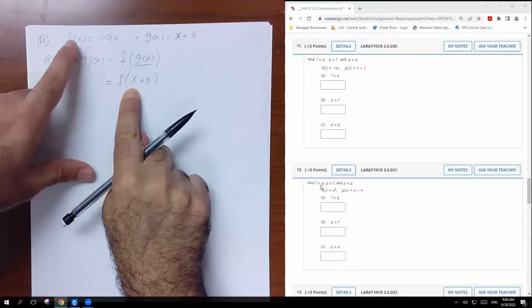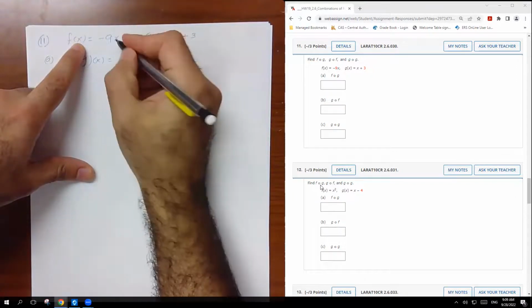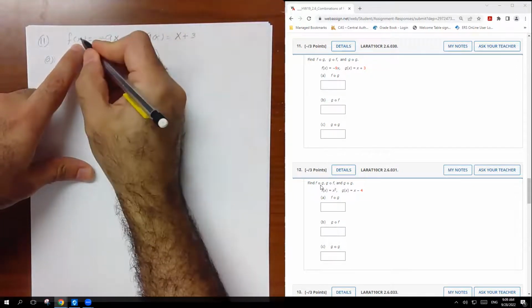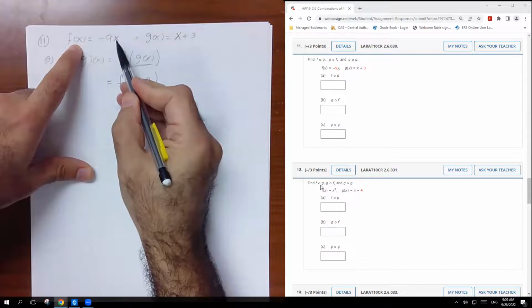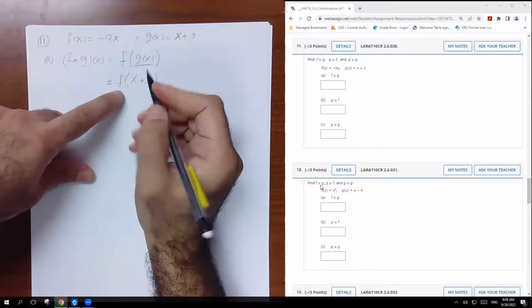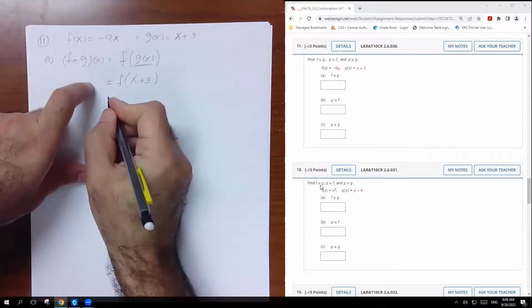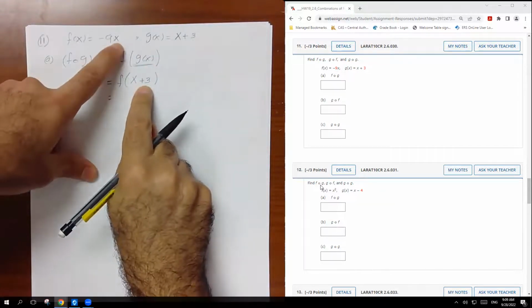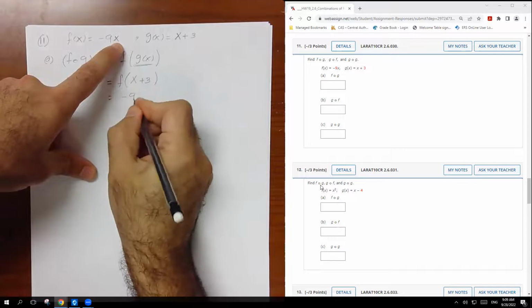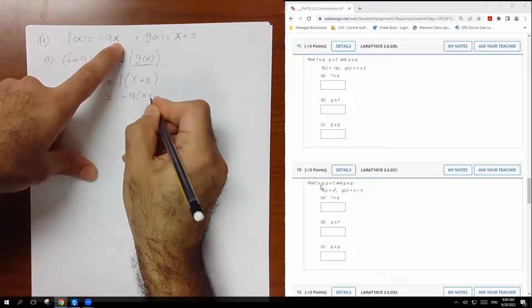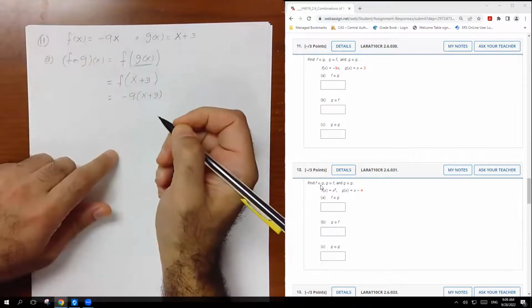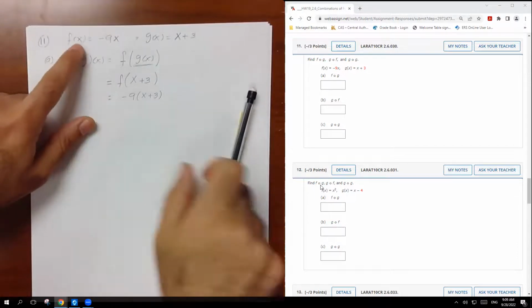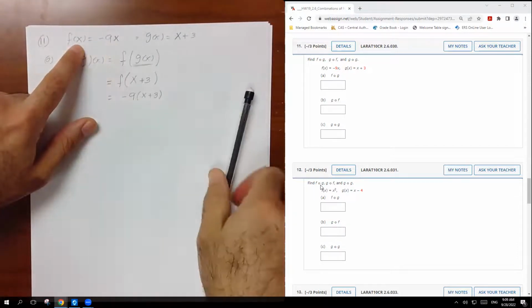Because here it says f of x, we have only one x. What about if I have f of x plus 3? You're going to plug in x plus 3 instead of this x. So f of x equals negative 9x.